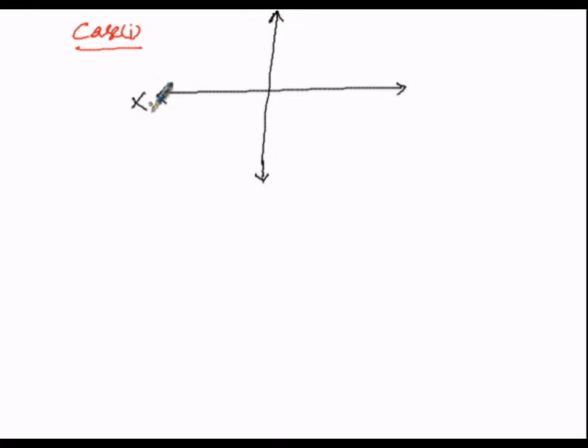Say x dash is the x axis, and y dash is the y axis. The point of intersection of these two axes is O, whose coordinates are (0, 0): the x coordinate is 0 at the origin and the y coordinate is also 0.